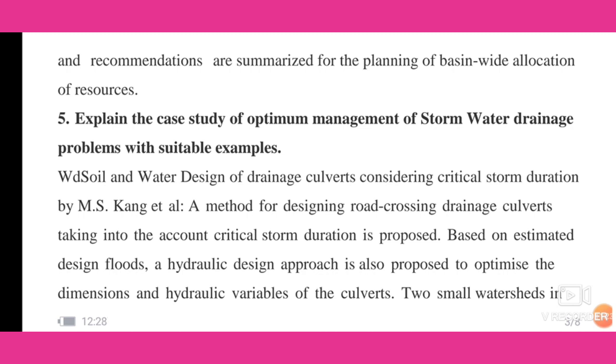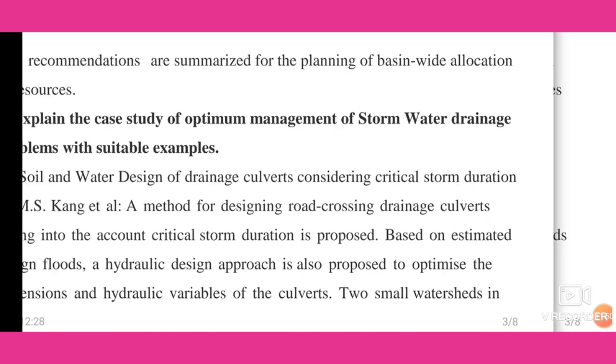Multiple research papers are available, and those can be referred to as case studies of optimum management: how water can be drained off from a city or town in optimum time. They can also be studied to evaluate the particular return period, or an effective design of storm drainage can be proposed after going through those case studies.